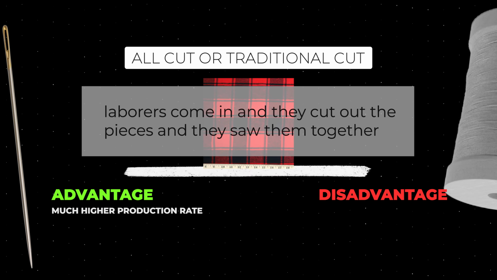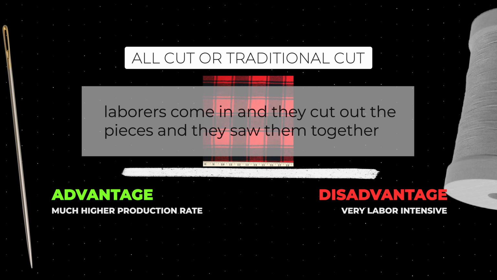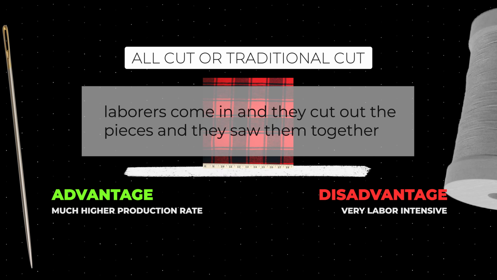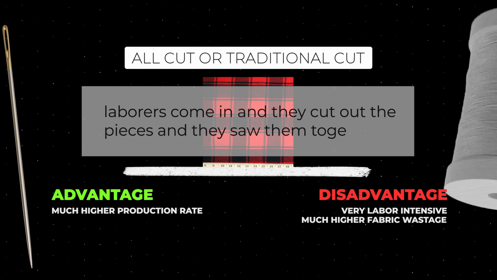The disadvantage is it's very labor intensive, which essentially means that you may have a lot of quality control issues since you have to integrate people into the mix. And there's a much higher fabric wastage since you're losing a lot of the excess fabric that's being cut out and thrown away as scraps.